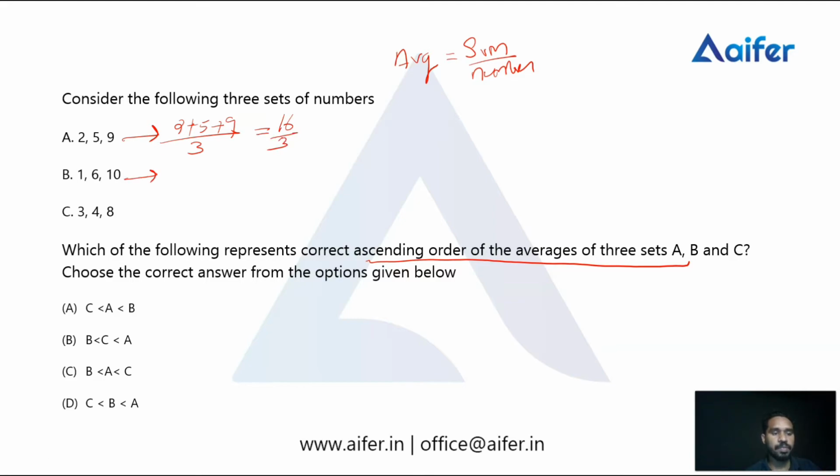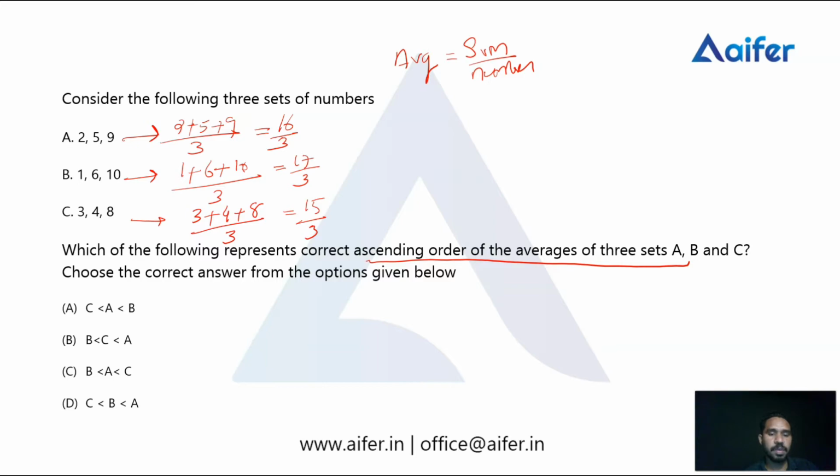Then the average of set B is 1 plus 6 plus 10 by 3. 1 plus 6 is 7, 7 plus 10 is 17, so 17 by 3. Then the average of C is 3 plus 4 plus 8 divided by 3. 3 plus 4 is 7, 7 plus 8 is 15, so 15 by 3.